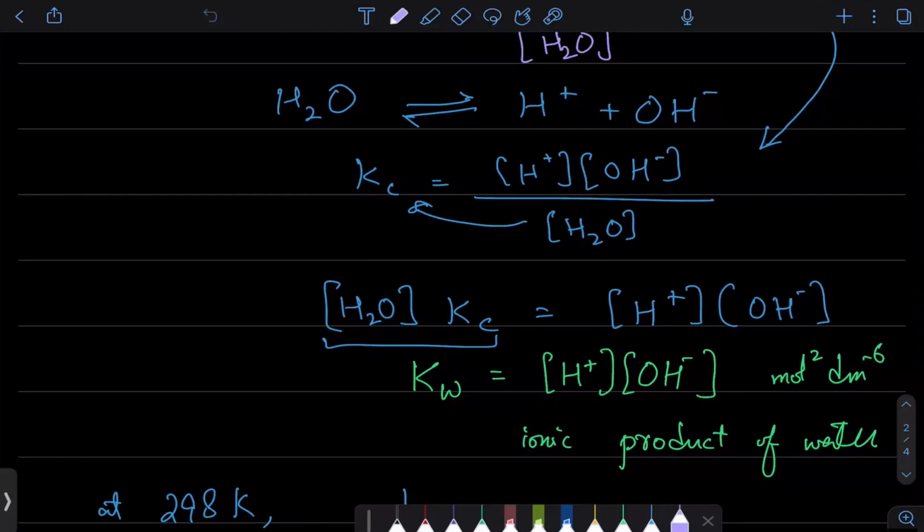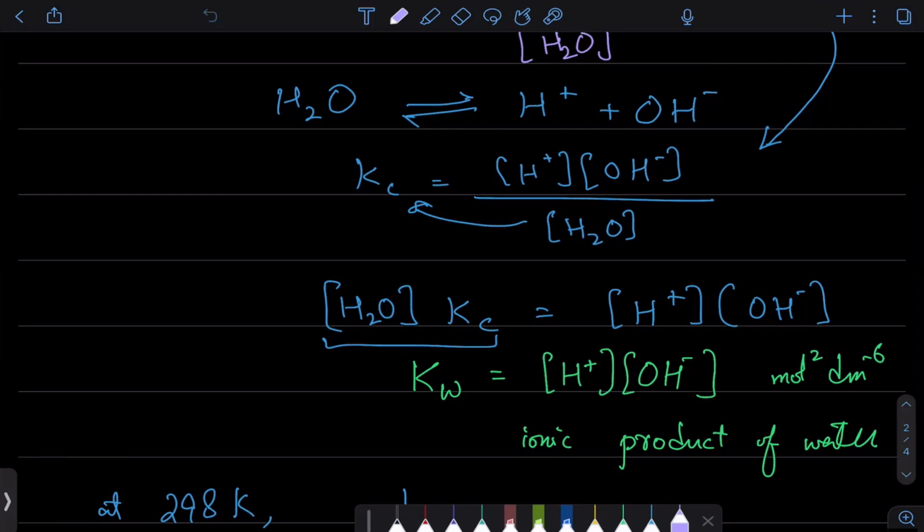This is the only thing that can affect the Kw. Any external influence, Kw will try to maintain the balance. So Kw change nahi hoega. But what it will do is try to shift the equilibrium so that the equilibrium comes back to the Kw.